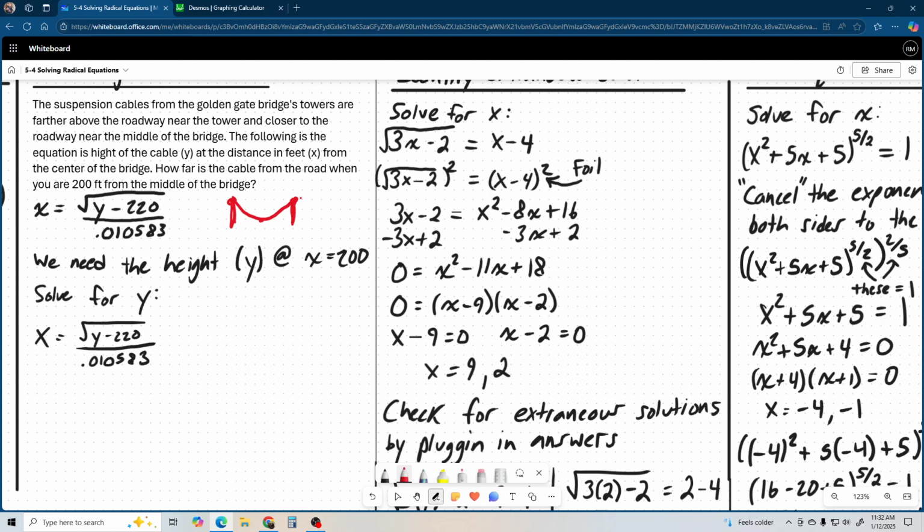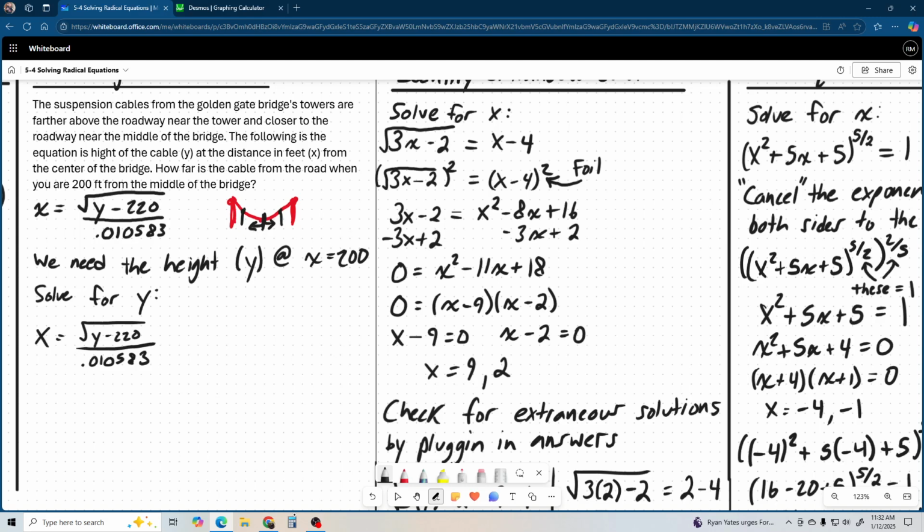All right. The following is an equation for the height of a cable y at distance in feet x from the center of the bridge. In other words, so what x represents here, right? If we have the center of the bridge, which would be like here, let's say, x is the distance away from the center, and then y is how high it is to hit the railing, right?